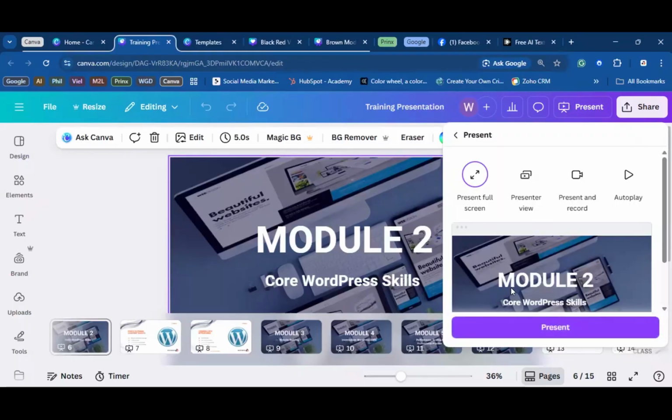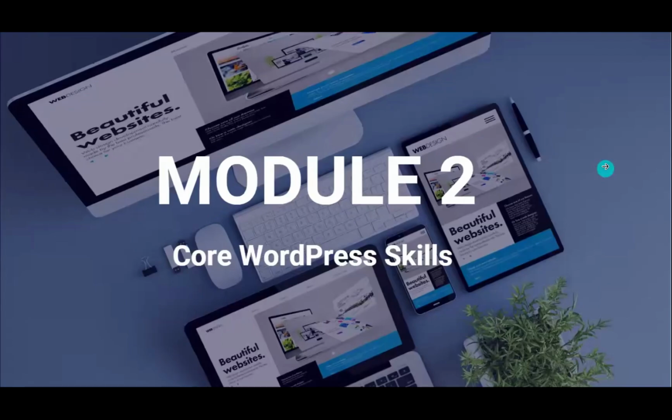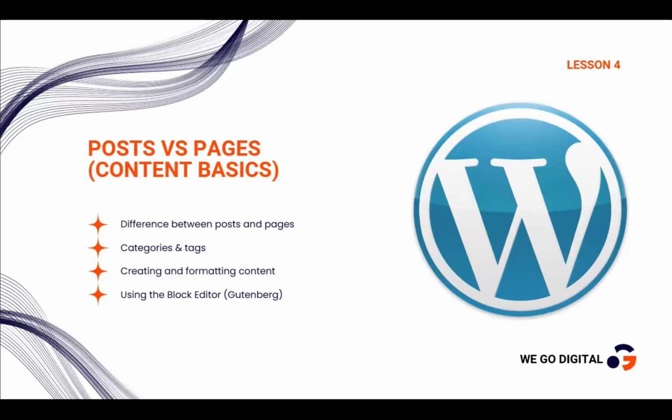Let me share this again. So moving on, today we'll be looking at posts and pages. In the last class, we talked about posts and pages. Today we'll just get to look at some of the differences. When we create a post and we create a page, we'll get to see what they both look like.